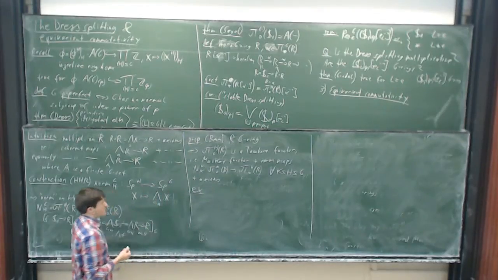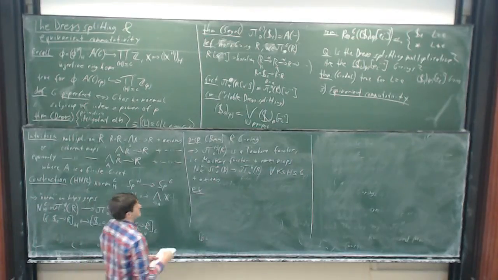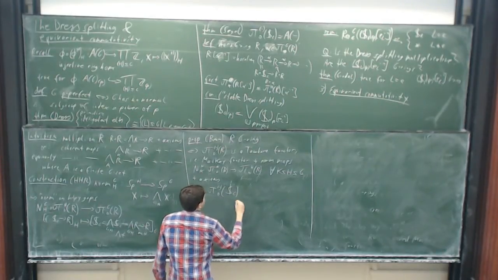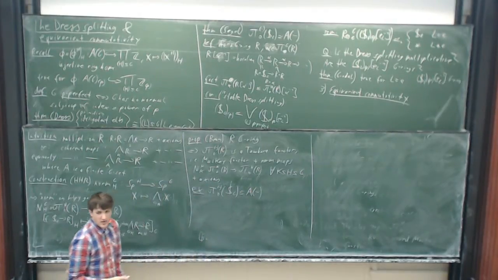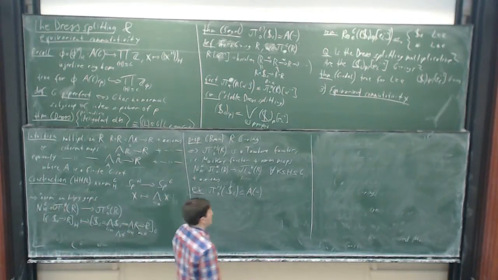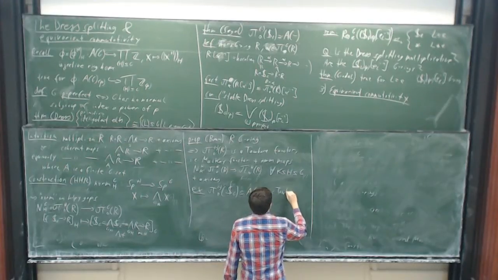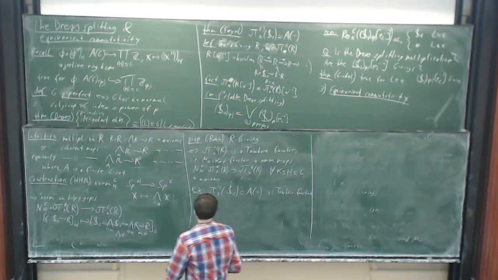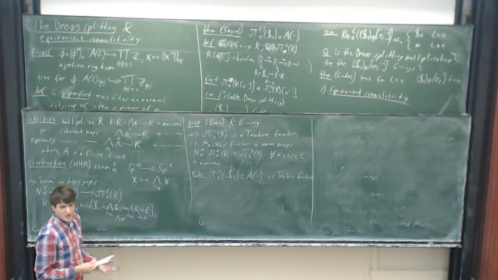It's always good to see an example. I will just copy an example that's already on the blackboard. If you take pi naught of the equivariant sphere spectrum, we've already seen that as a Mackey functor, it identifies with the Burnside ring Mackey functor. This is actually also true for the Tambara structure, for the norm maps. So this is true as Tambara functors. And this is only a statement that has content if I tell you what the multiplicative transfer on the Burnside ring is.